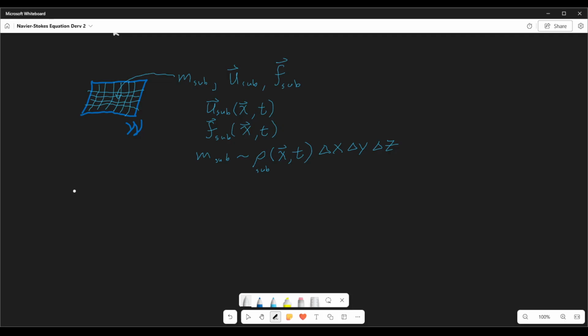So force equals mass times acceleration basically means taking the sub with d by dt, turning that into acceleration. So this is mass times acceleration equals the force on that sublocation.